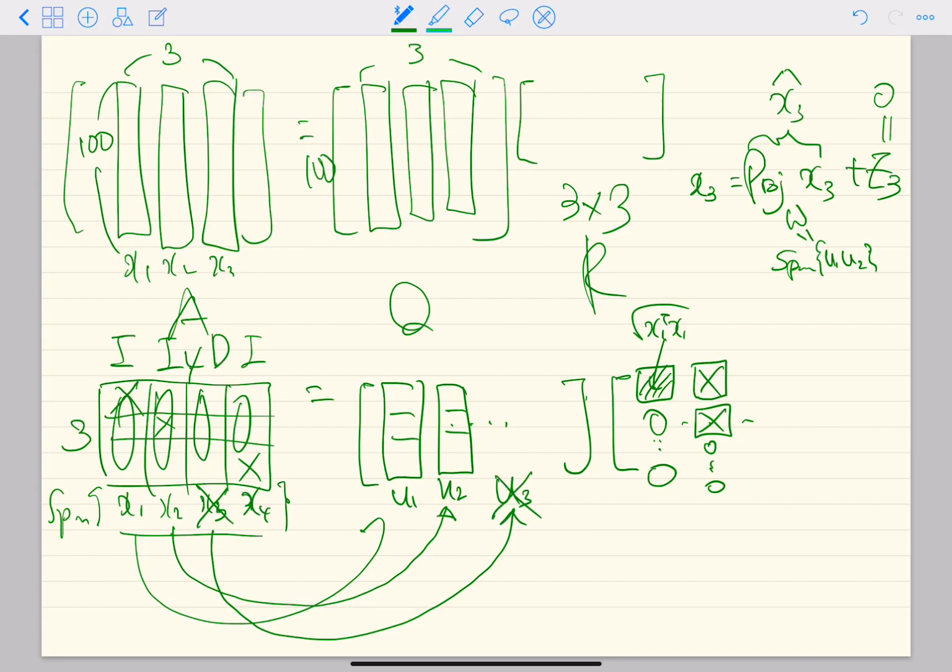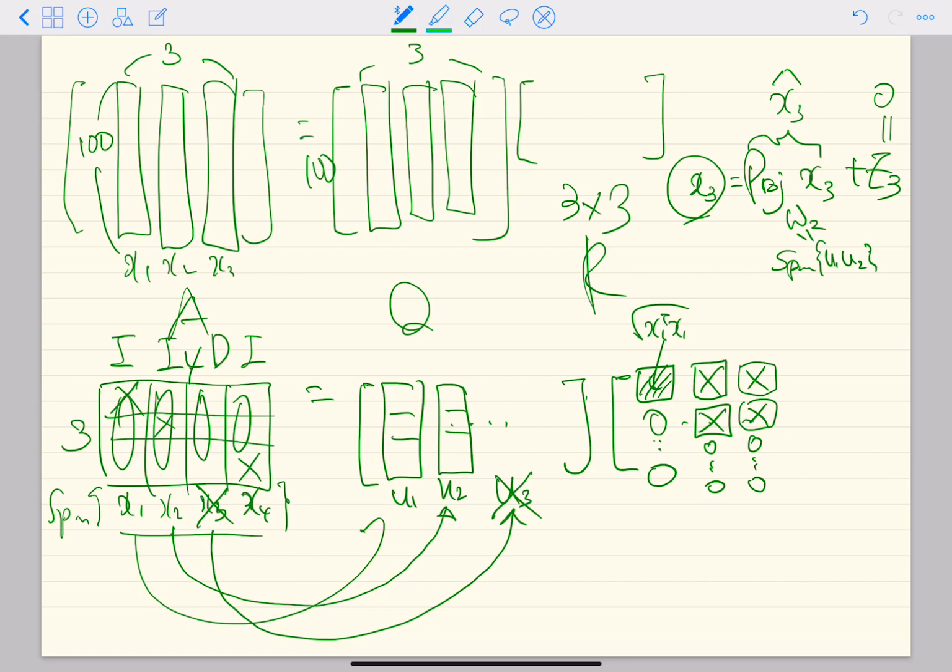But still, is it possible to represent x3 as a linear combination of u1 and u2? Yes, it is, because that is already inside subspace W2 spanned by u1 and u2, and so we have some non-zero coefficients over here, and maybe all zeros.